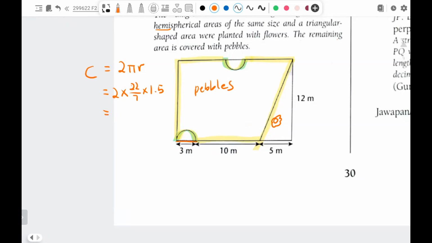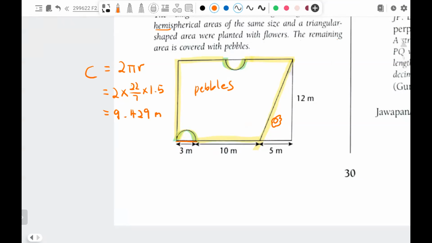Let's key in calculator. So we get, is it in fraction form? No. Decimal, 9.429 meter.